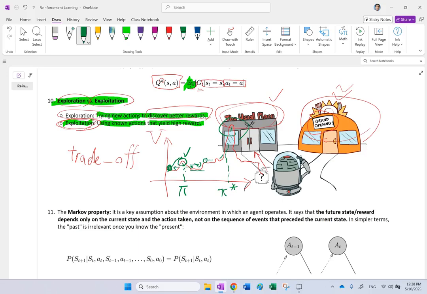But the problem is, if you always want to do that, first of all, it takes forever to converge if you want to look into all this space of policies. Because as I said, the number of states and the number of actions in many real world scenarios or even games is crazy, crazy large, and there is no way that you can explore all of it. So you have to only rely on some samples, okay?